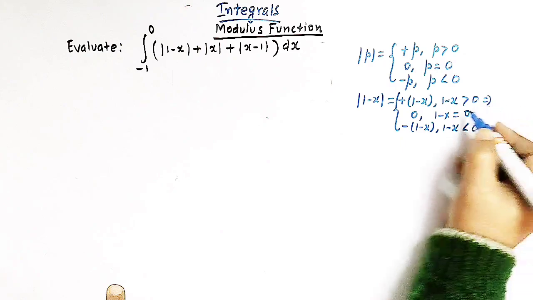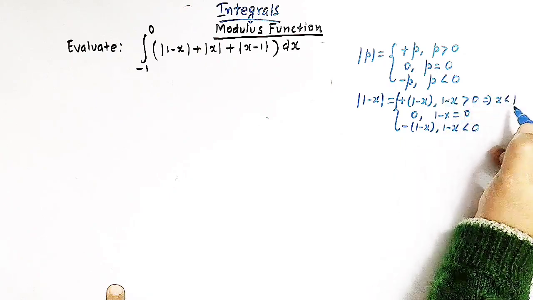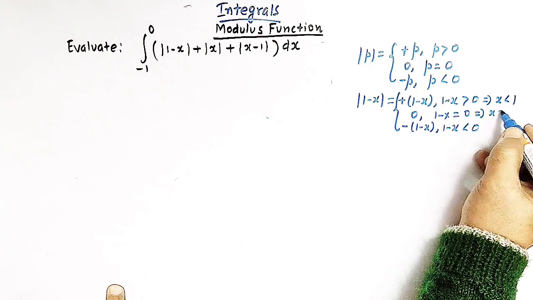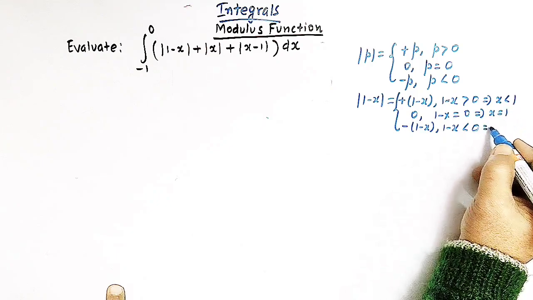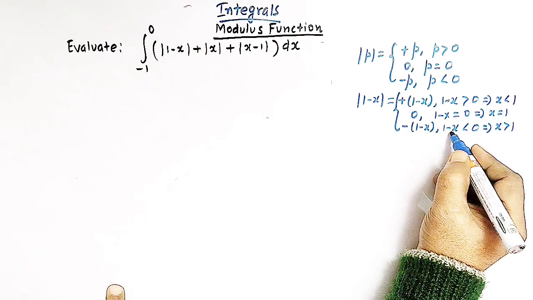So from here we can see that x is less than 1. From here x is equal to 1, and from here x is greater than 1, right?